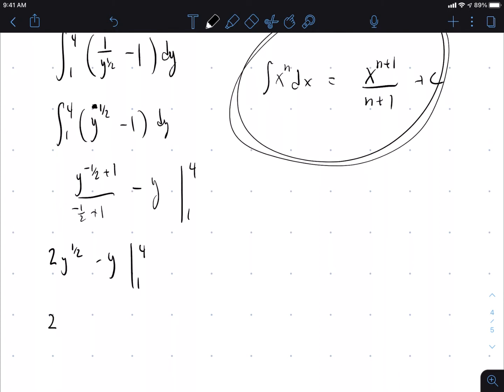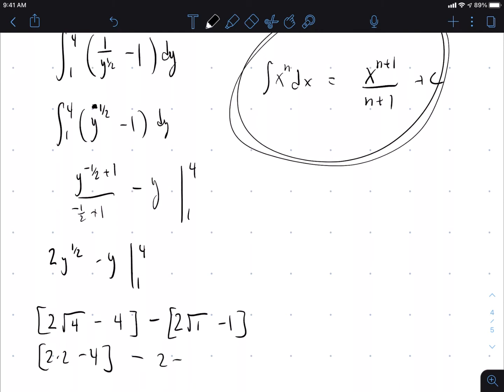So I'm going to get 2 square root of 4 minus 4, minus 2 square root of 1 minus 1. Agreed? So that's going to be 2 times 2 minus 4, minus 2 minus 1.